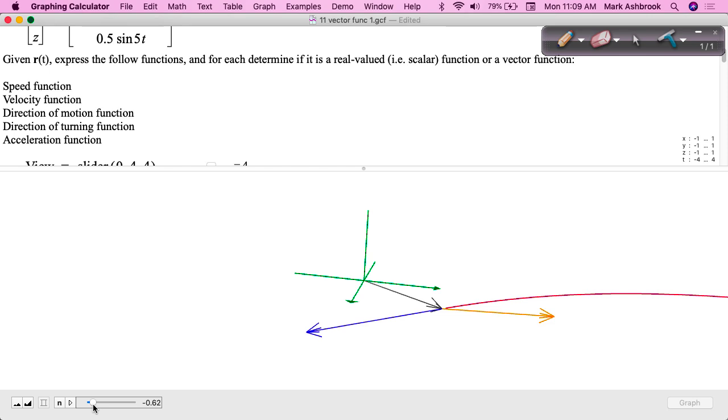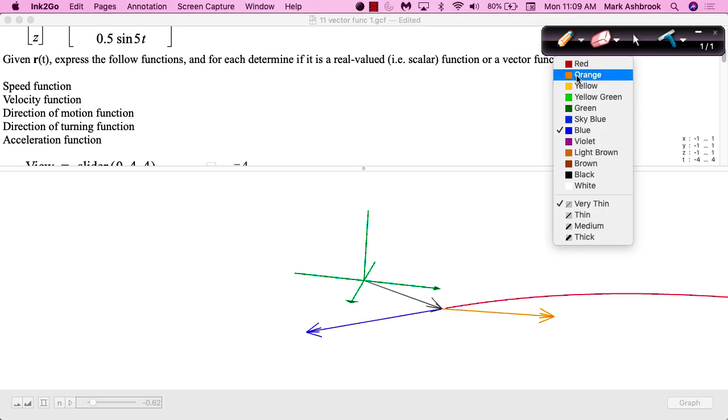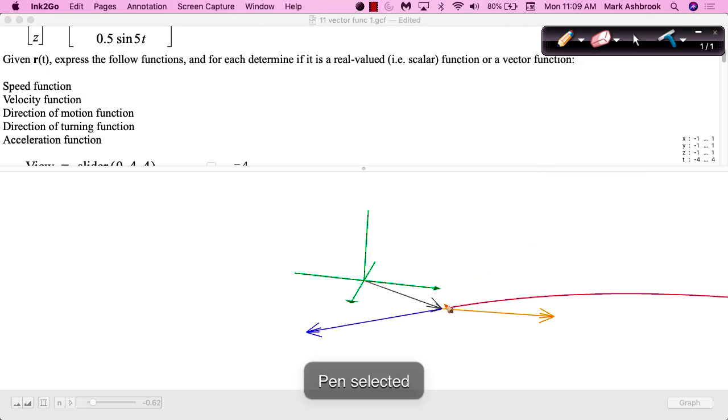So you have a little bit of effective turning. That's why it doesn't look like this. What would it look like if there were no turning? It'd be straight back. But there's a little bit of turning, so therefore the direction of turning is down. So there's a little component of turning, but most of the acceleration is due to slowing down. So those two together give you the current acceleration vector.